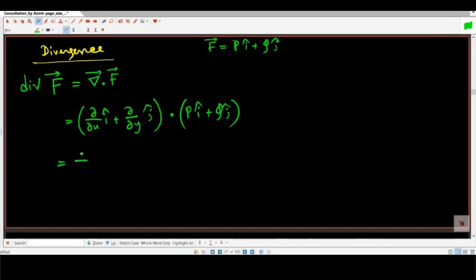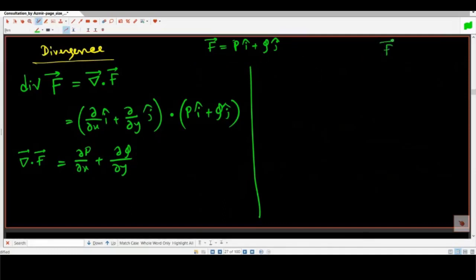So it will be ddx p plus ddy q. This i and j are cancelled. So this is the divergence of any vector field if it is a vector field of two input variables.